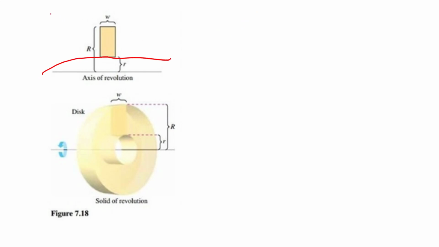Let's say our functions look like this, and we're trying to find this region rotated around. Think about one rectangle rotating around. If you imagine the rectangle coming out of the screen at you, rotating back through 360, all the way back around, it would generate this donut shape, or we call it a washer.